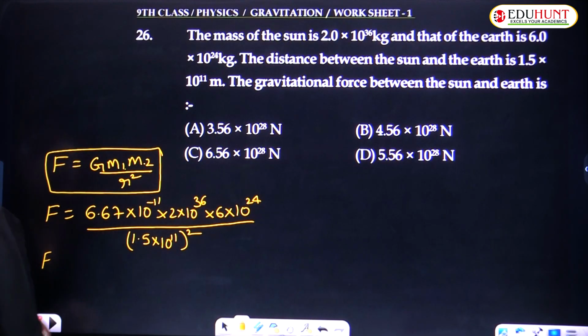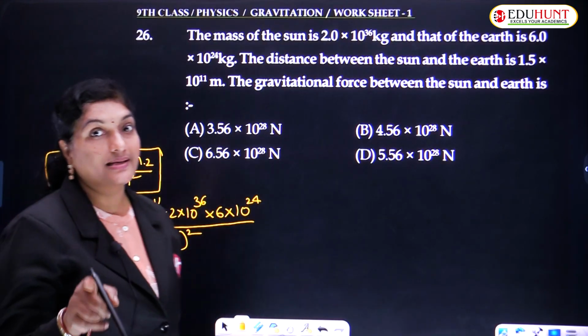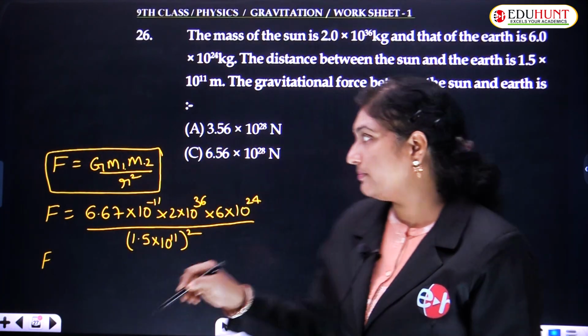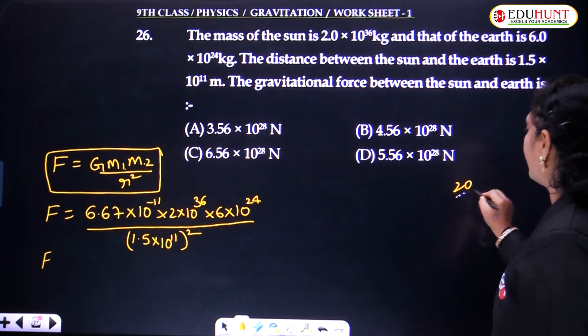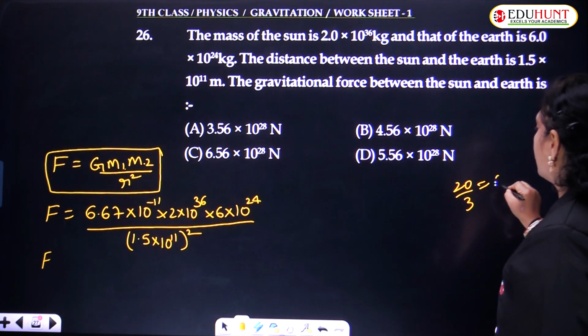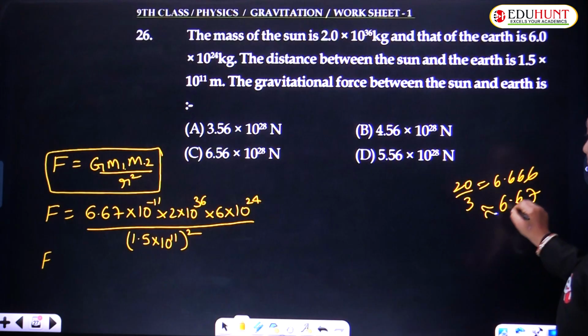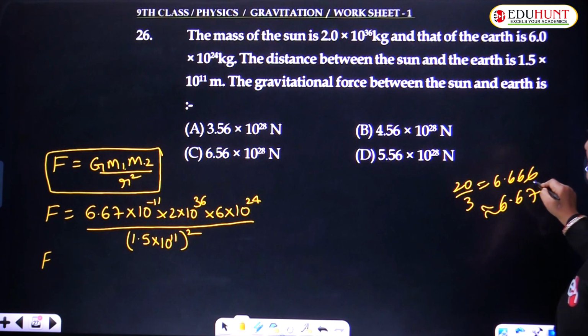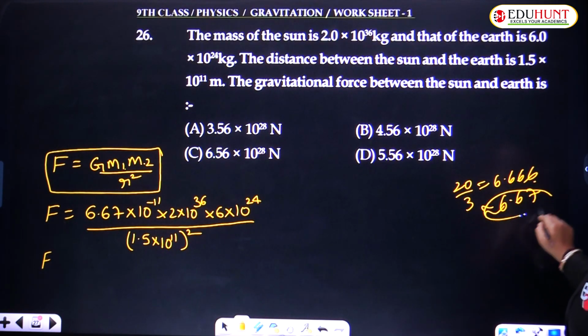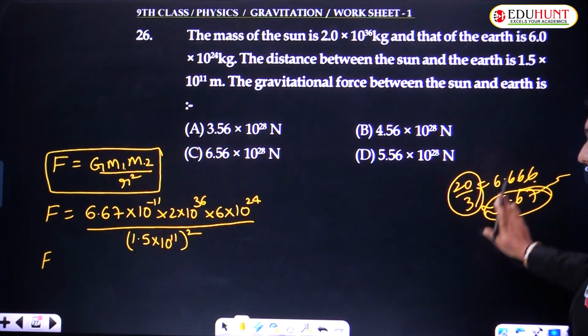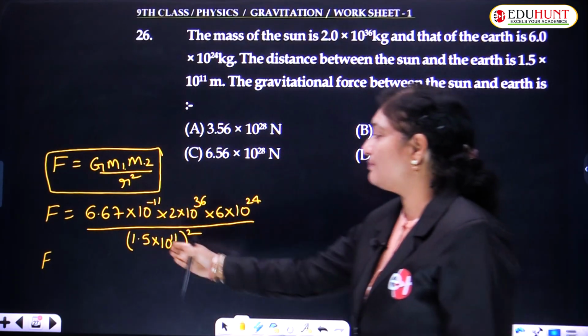As I told you, 6.67, I may often write it as 20 by 3 also. Earlier I discussed 20 by 3 is nothing but 6.666 and so on, and this can be taken as 6.67 approximately. So, sometimes for my simplicity, I will be writing 6.67 as 20 by 3. So, let us substitute, because 1.5 is there.